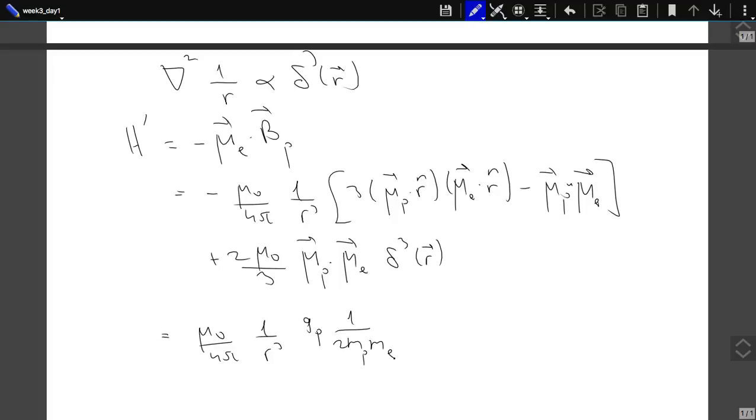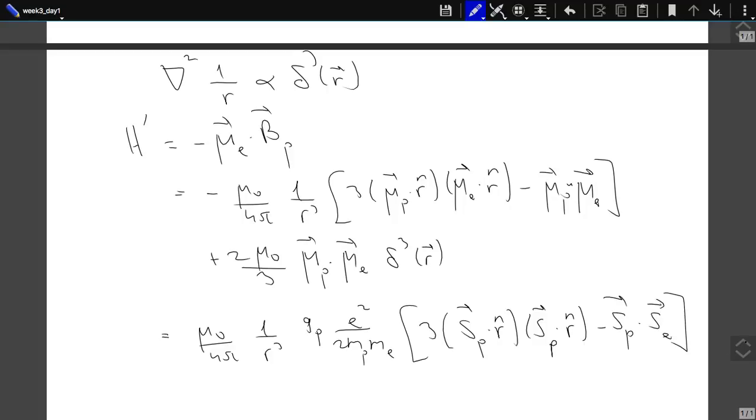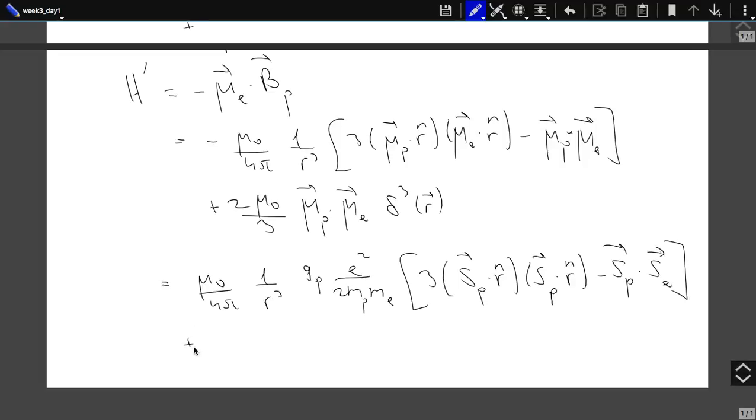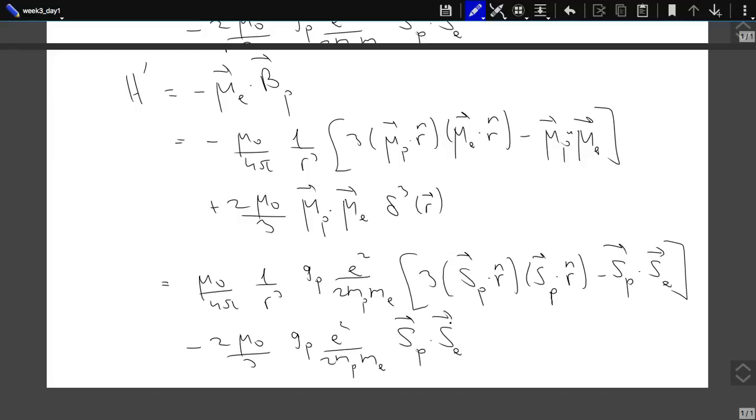I just use the gyromagnetic ratio of the electron to be 2, e squared, 3 Sp dot r hat Se dot r hat, minus Sp dot Se, plus or minus 2 mu 0 over 3 gp e squared over 2 mp me, spin of the proton dot spin of the electron.